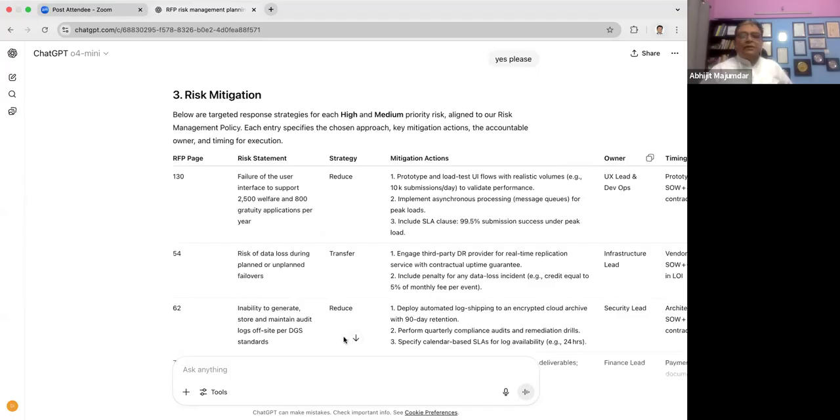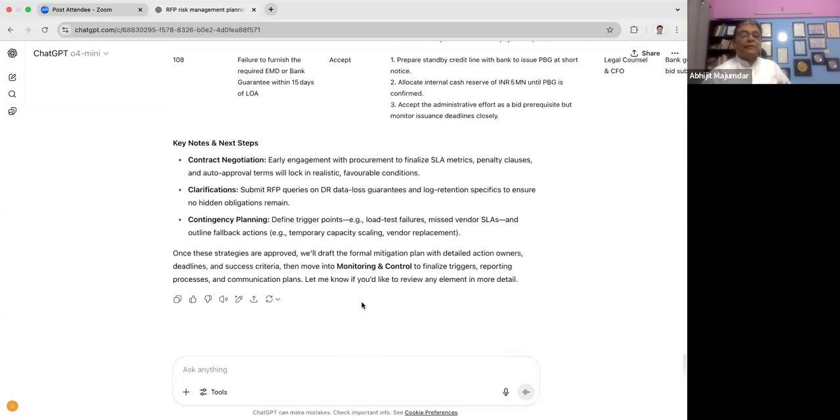So now you have just created the entire risk mitigation plan. Okay. So now you can move to monitoring and control, to finalize the triggers, why this can happen. Now you can again give a command like please continue.